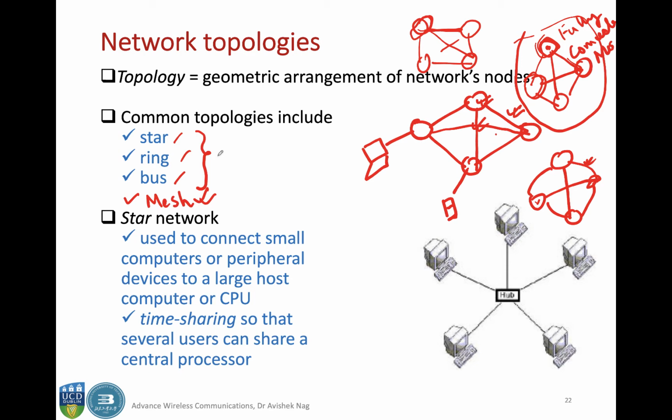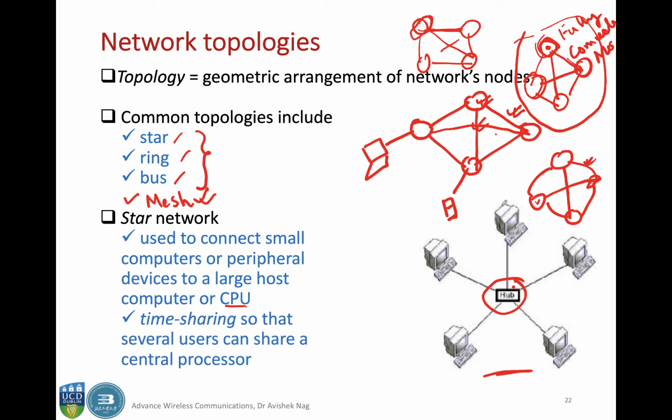So, coming to the star network. This is the example of the star network, as you can see. There is a central hub, and most of the other devices are connected to a large host computer or CPU termed as the hub. Time sharing is allowed so that several users can share a central processor.